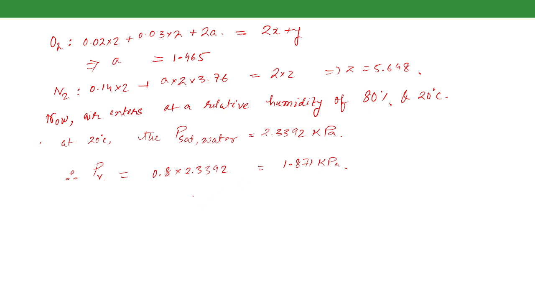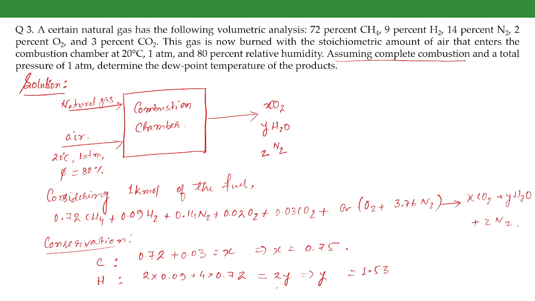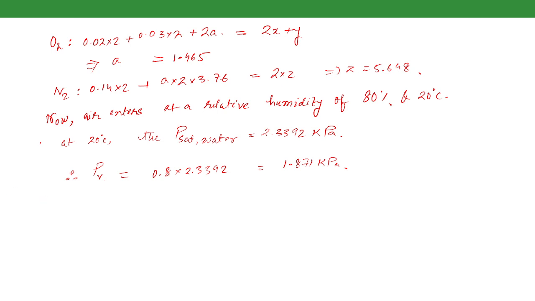Now the total number of moles of air is what? A is the total number of moles of dry air. The number of moles in dry air is equal to 1.465 into 1 plus 3.76. So it comes out to be 6.97 kilomole.